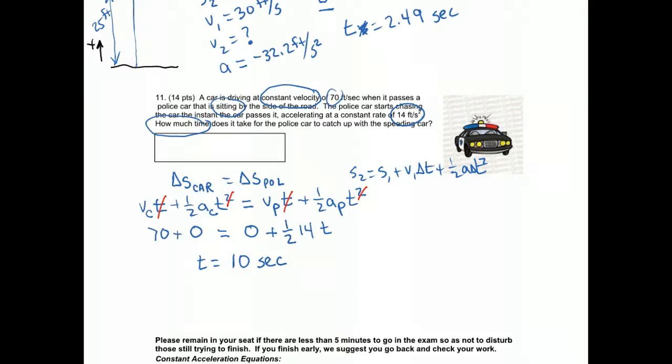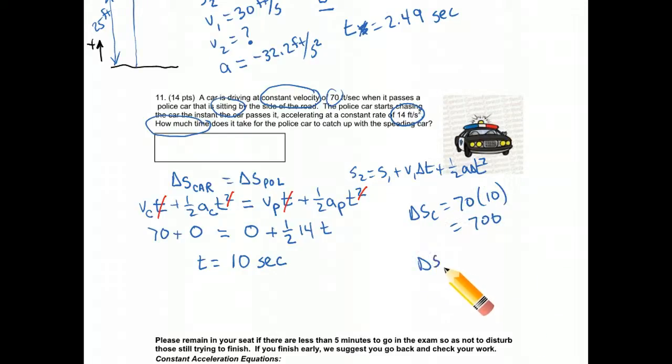We're at 37 minutes into the test, and except for the one we have to go back to, we're basically done. So I'm going to make sure this one is right so I don't have to come back and check it. The delta S of the car after 10 seconds would be 70 times 10, because it's going at constant velocity.